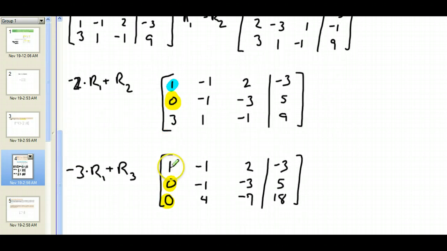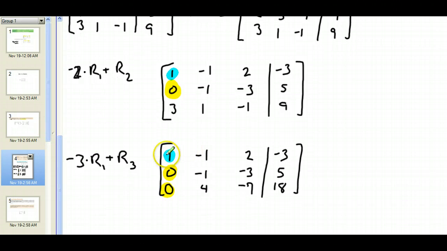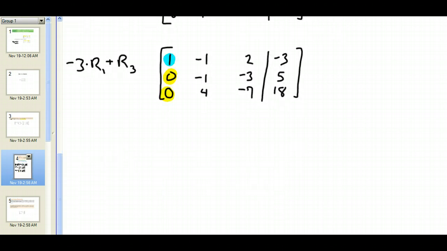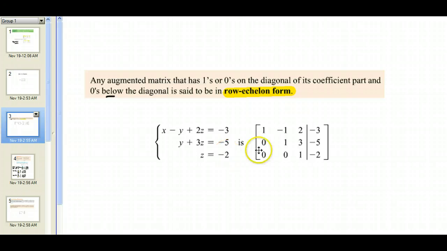And then you use row swap if you can to get that first position there, if you're able to, like we did here. Now after we've done that, what else do we want? If you go back and look, we want a positive 1 here and a 0 underneath that.